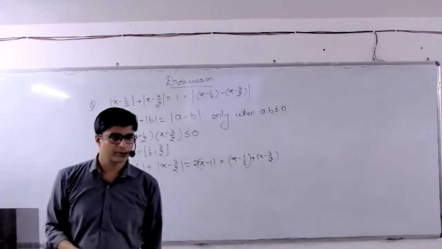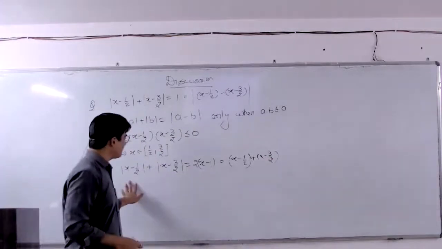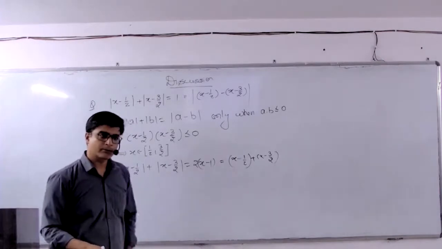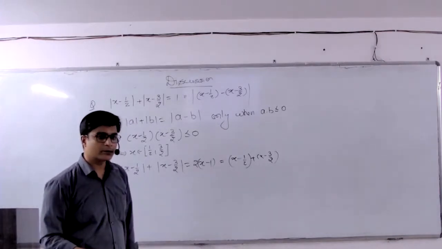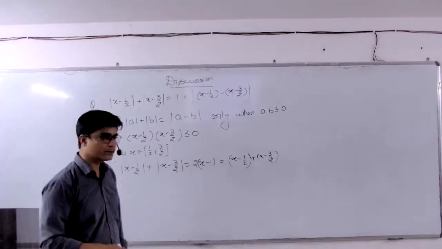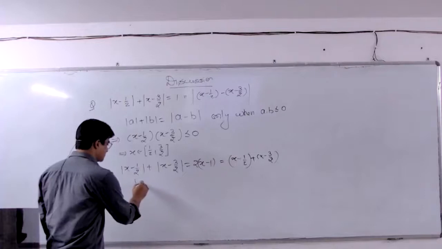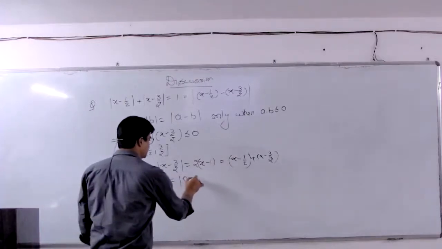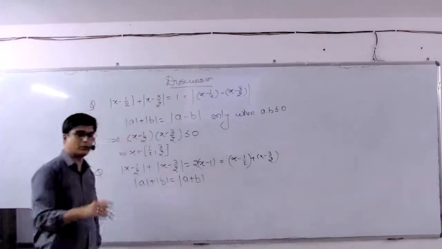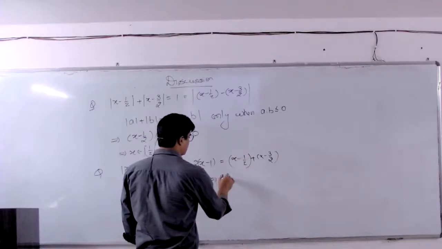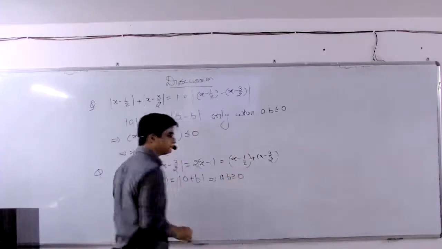Yes or no? Now, mod of A plus mod of B equals to A plus B. A and B not same sign. We have talked about this property mod A plus mod B equals to mod of A plus B. That's what we have talked about.